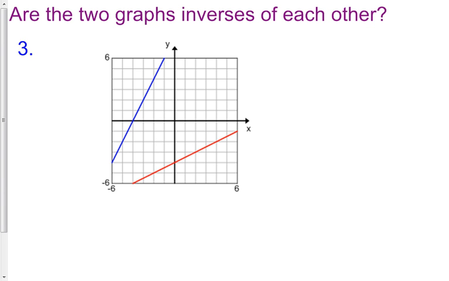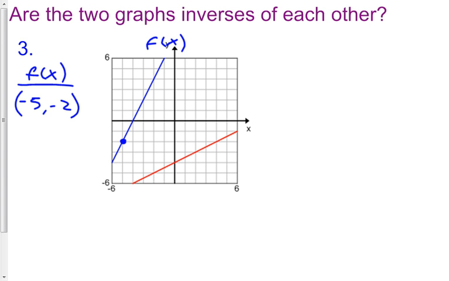So now class, we'll call this blue line f of x. Okay? So here's what f of x is. Let's pick some ordered pairs. We really only need 2, but to be safe, I would recommend that we pick 3 ordered pairs. One ordered pair is left 5, down 2.